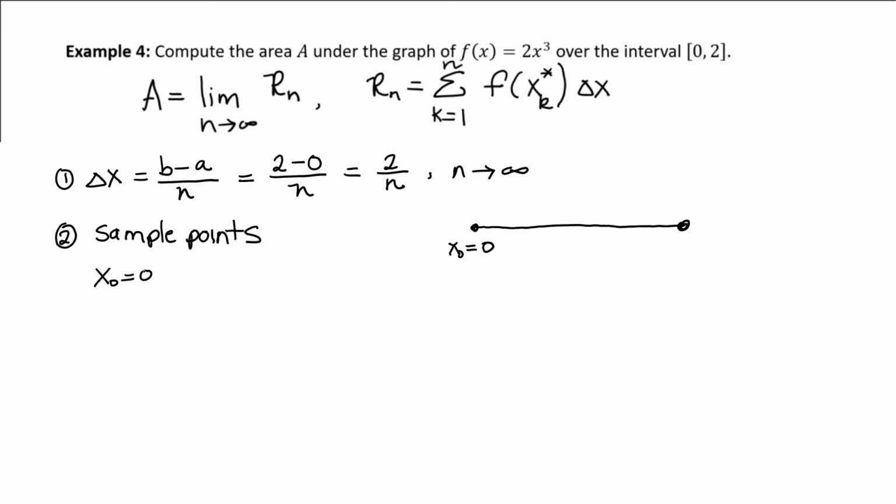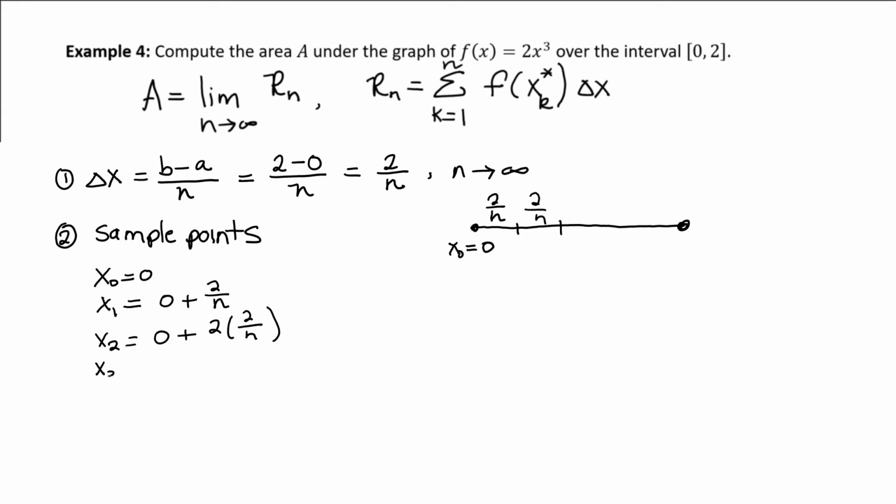My next point, I move over a width of 2 over n, so x sub 1 would be 0 plus 2 over n. The point after that, x sub 2, we still start at 0, but this time we travel to the right 2 units of the width, so 2 times 2 over n.